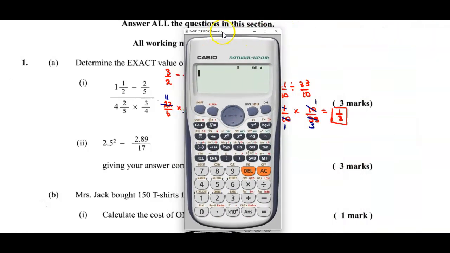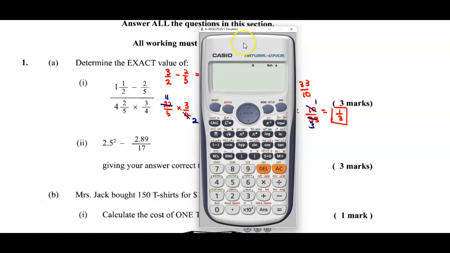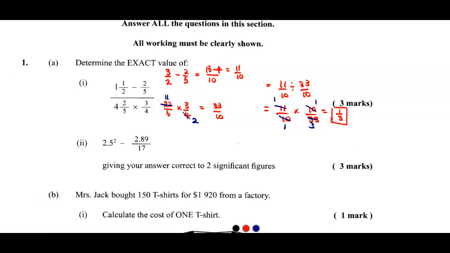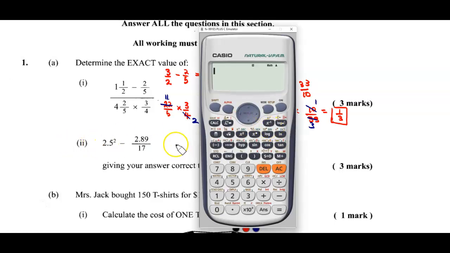Let us use our scientific calculator to work out part 2, after which I'll work it out manually as well, just to help you to understand how to do the processing there. So what we have there is 2.5 squared minus 2.89/17.